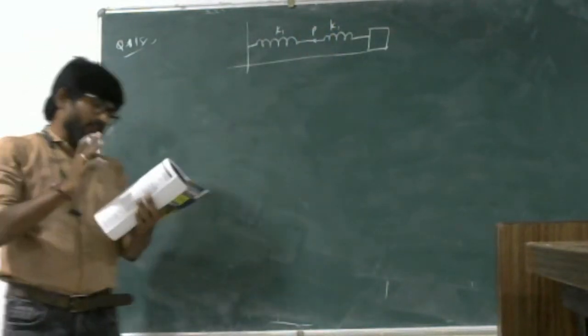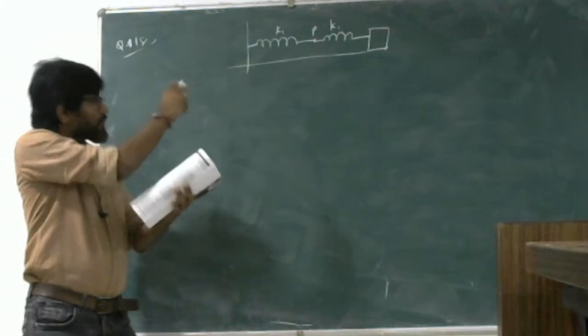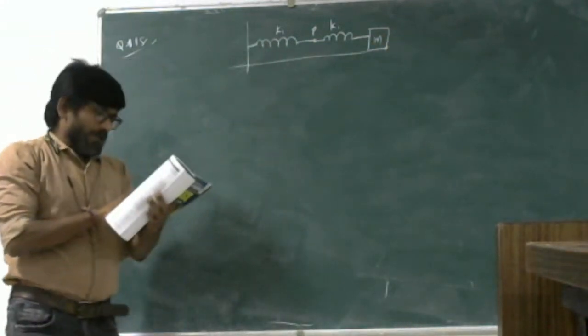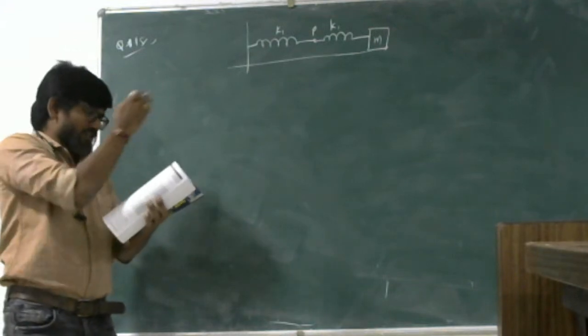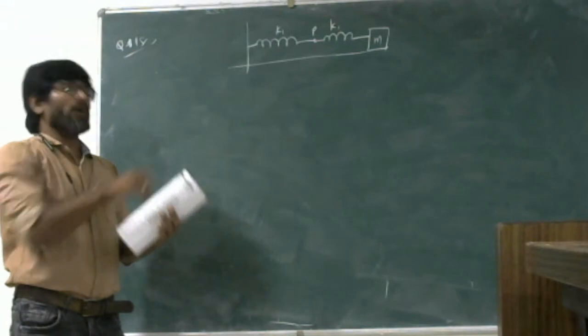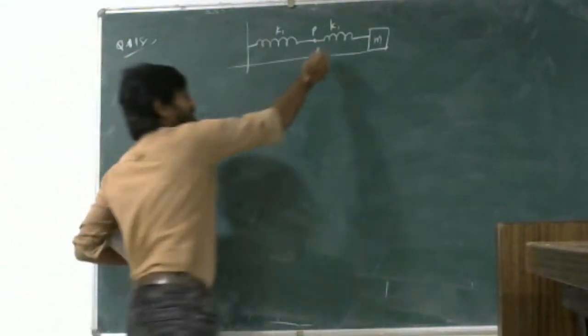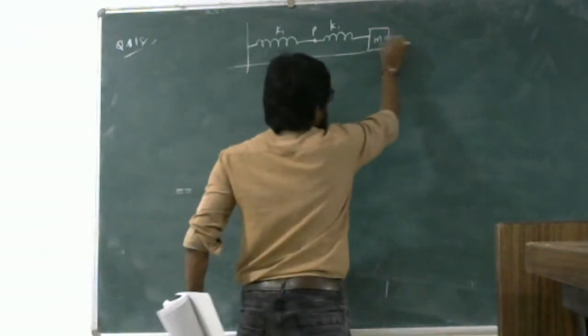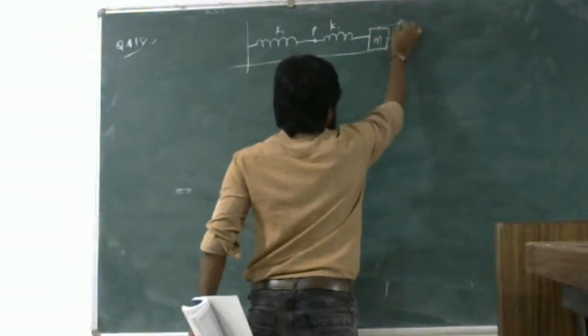So again, reading the question, a mass M, this is a block of mass M, shown in figure, oscillates in simple harmonic motion with amplitude A. The amplitude of the point P is. So let us say we have stretched this a little bit to a small distance x.